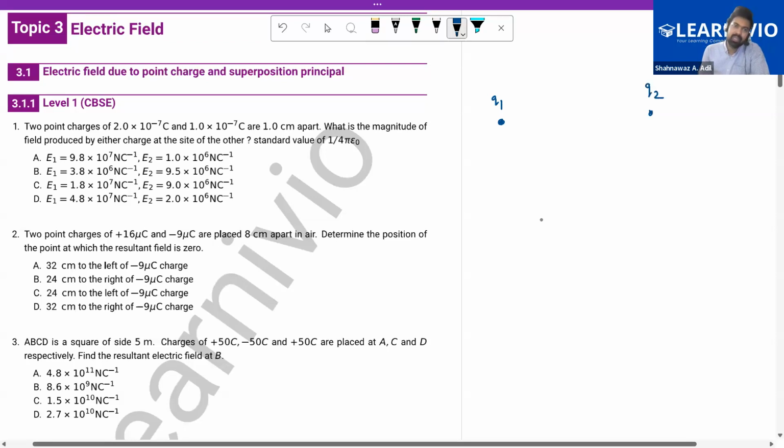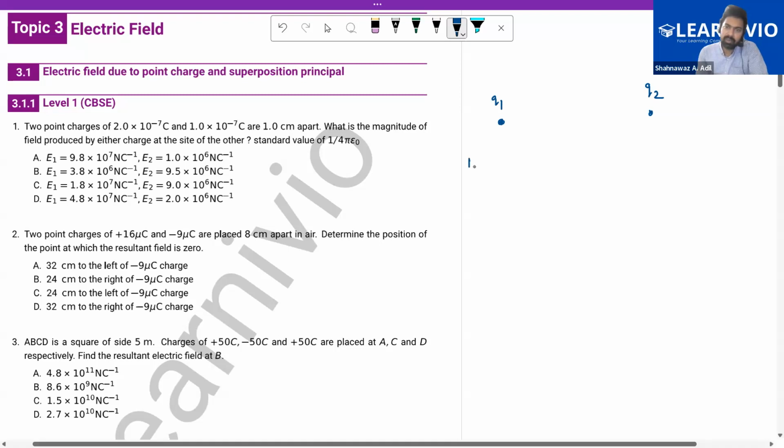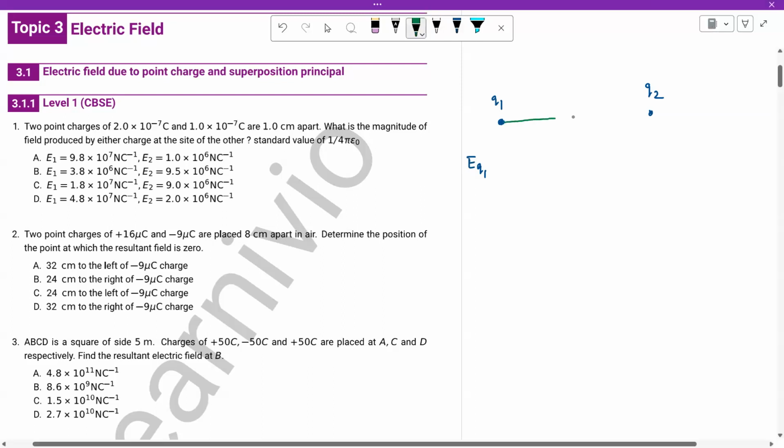We have to calculate the field produced by Q1, but where are we calculating it? On Q2.